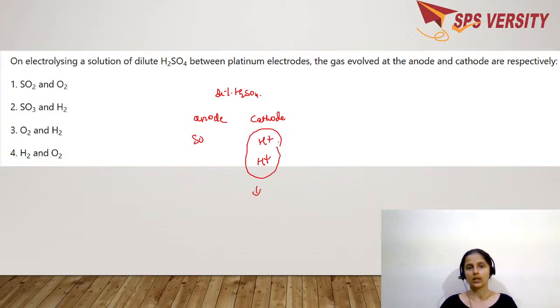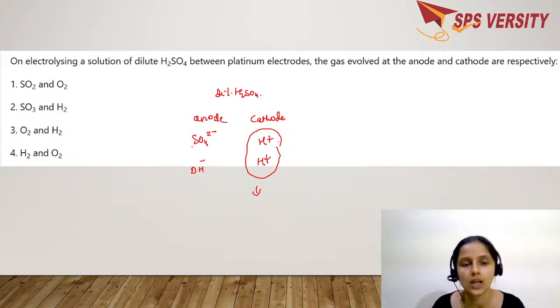And at the anode you can expect SO4 2 minus and OH minus. And the solution is dilute. If it was concentrated, maybe you would get SO2 as a gas. Since it's OH minus at the anode, O2 is liberated, as they have mentioned it's a dilute solution. O2 is the gas liberated, and at the cathode there is no competition because both are the same. So O2 and H2 will be the gases given out.